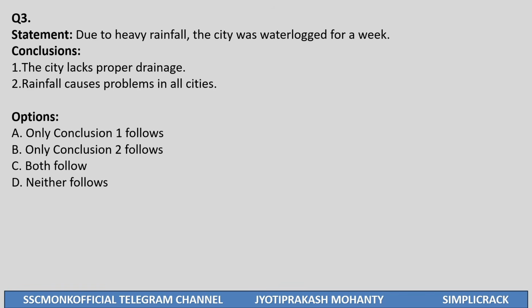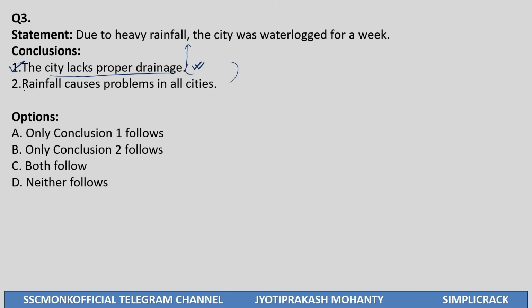Next. Due to heavy rainfall, the city was waterlogged for a week. Heavy rainfall, city is waterlogged. Now, conclusion 1 says the city lacks proper drainage. Now understand this. Because there is improper drainage, the city is waterlogged. That means it is directly from the statement. That means this conclusion is true. Now, second, rainfall causes problems in all cities.